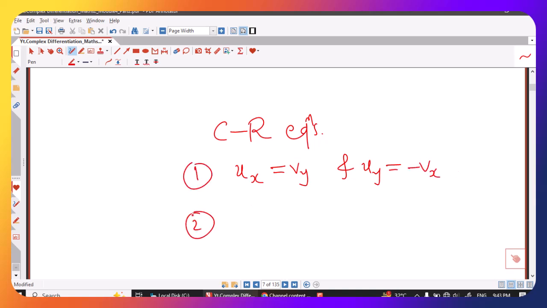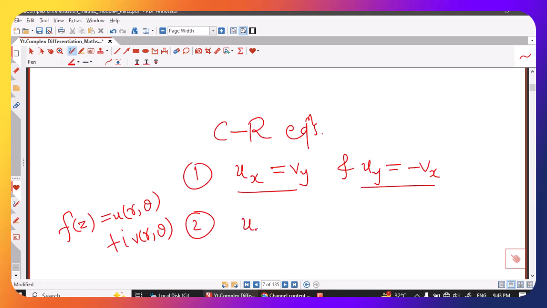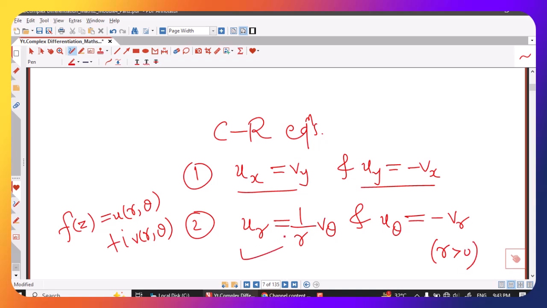But suppose our function is written in terms of polar coordinates, say u of r, theta plus i times v of r, theta. Then we use the polar form of the Cauchy-Riemann equations, which we remember as del u by del r equal to 1 by r times del v by del theta, and del u by del theta equal to minus r times del v by del r, and here r is greater than 0, that is, we are not considering z equal to 0.